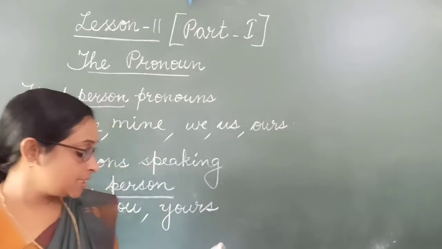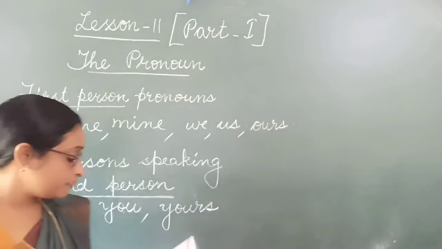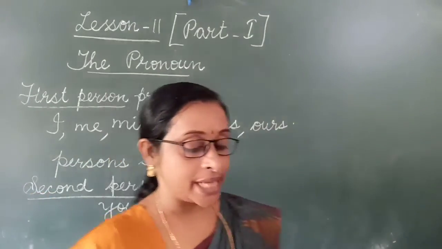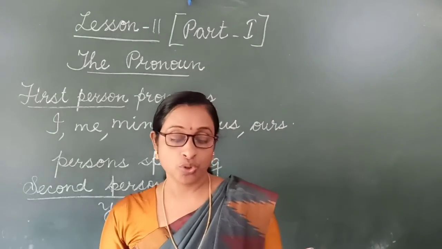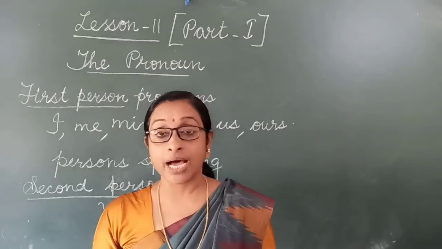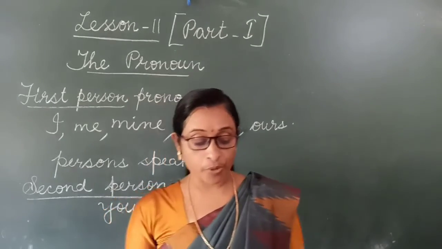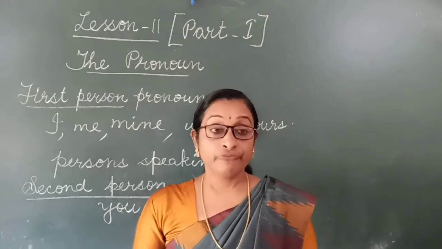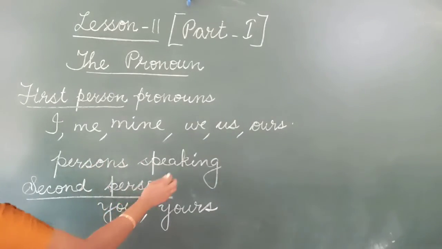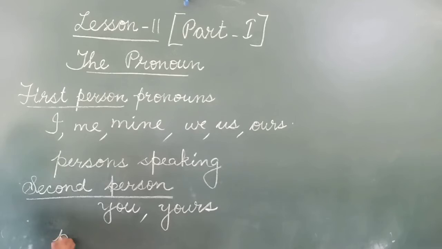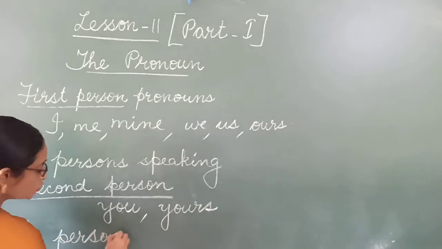And what do these second person pronouns do? All pronouns that are used for the persons spoken to are called pronouns of the second person. Here is the person speaking, and here the persons spoken to.